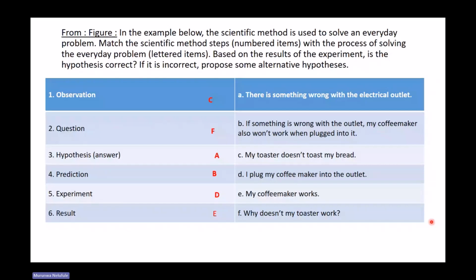And why is that? Because in the experiment the coffee maker was plugged into the outlet and the result was that the coffee maker worked. So this means that the hypothesis is incorrect and thus we have to come up with a new one, which might be that there's actually a problem with the toaster.